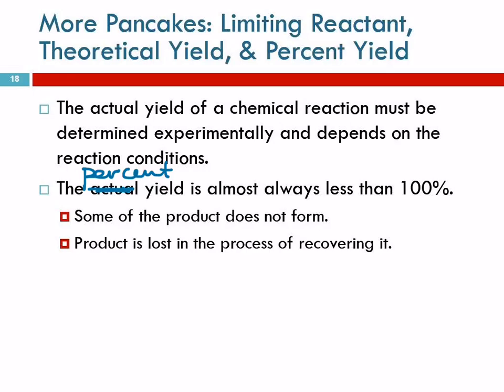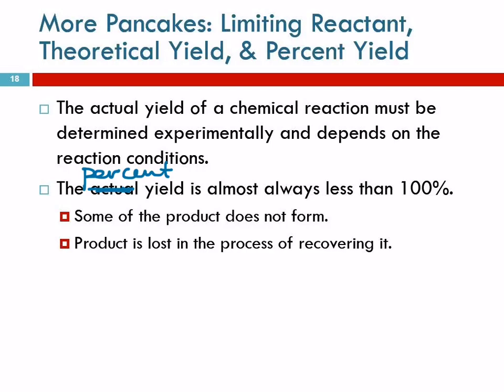Can you actually make more product than is theoretically possible? No, you can't, because the law of conservation of mass says you can't create something out of nothing. What happens when you have something that gives you a percent yield greater than 100% is you may have some contamination of some kind.